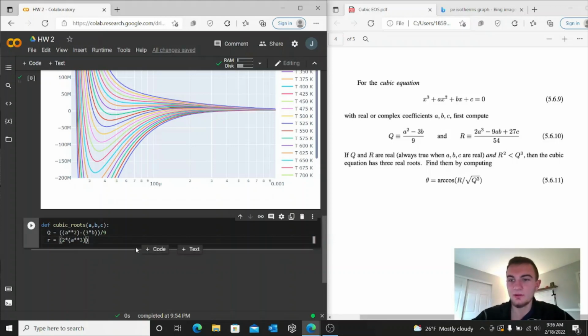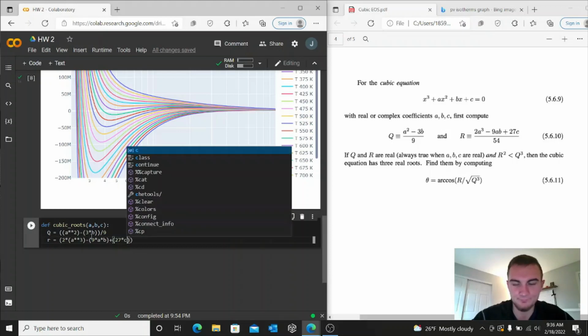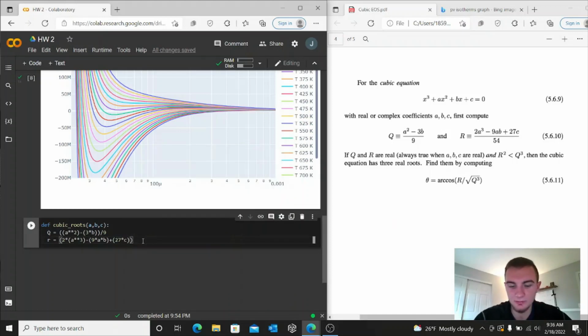And then what we're going to do here is we're going to subtract from here 9 times a times b. And from here we will add 27 times c. Okay, so it looks like we're good there. These match up. And this will be divided by 54.